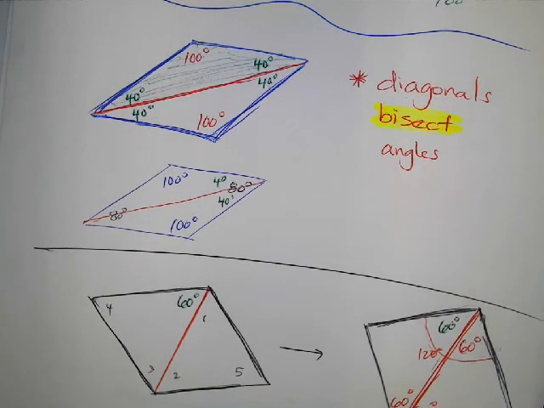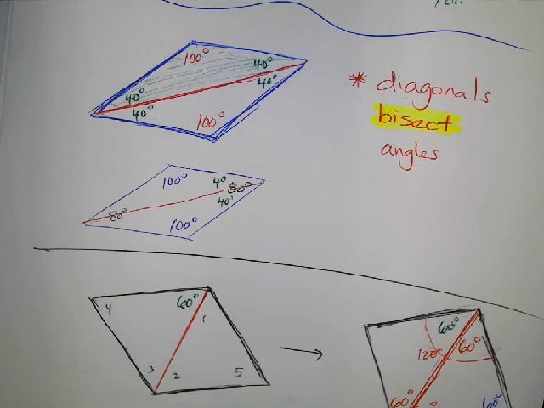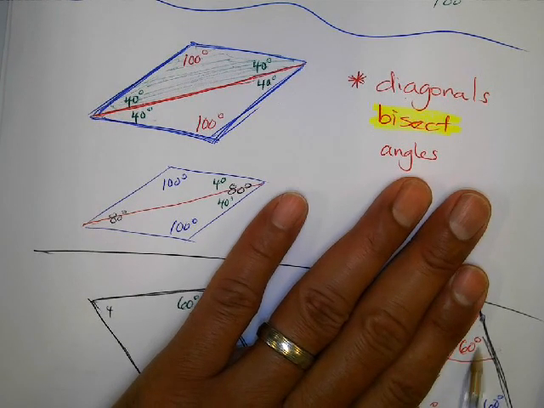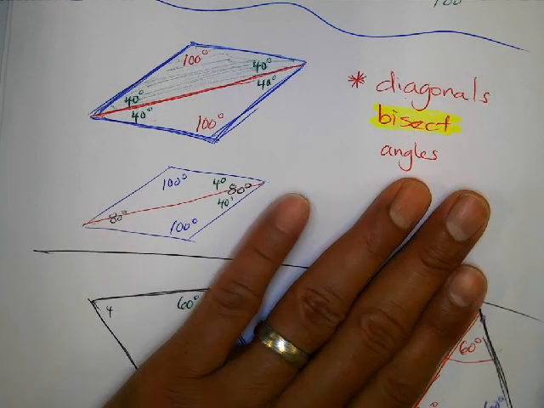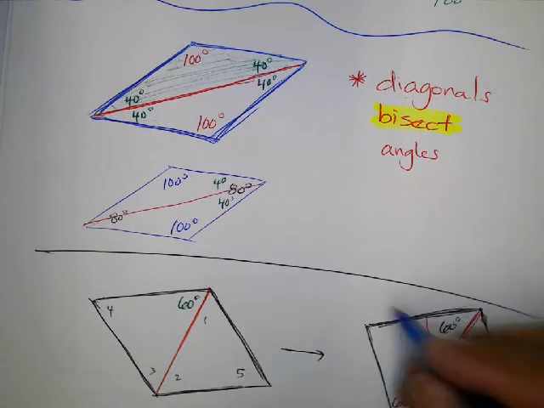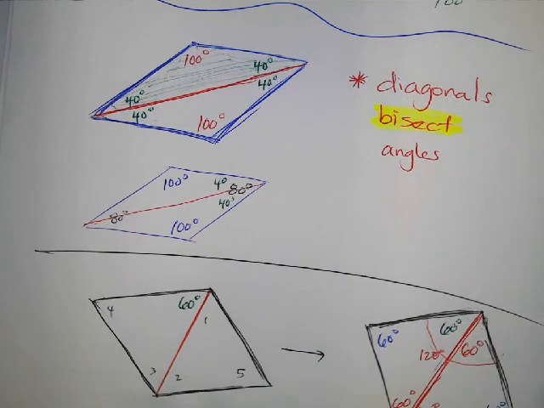So I can add these, and I know this is 120, and these two have to add up to 180. This is the reason I paused, because I know this one's going to be 60. You can always look at just half of it and say 60, 60, that's 120 plus another 60, that's 180. And then once I figure this one out, then these two are the same. I got to do another one. I shouldn't have picked 60, because now everything's 60, and it kind of looks weird. All right, so let me do another one similar to this.